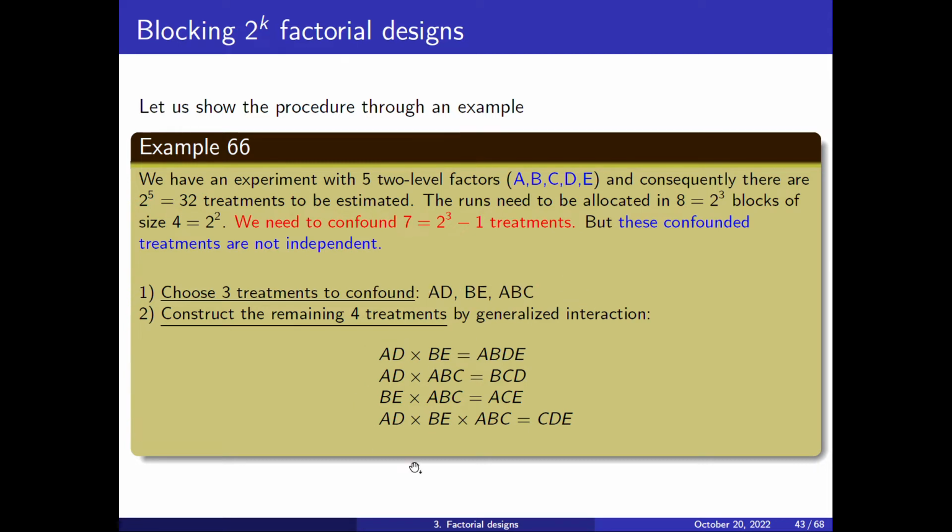The remaining will be constructed by the generalized interaction. So we multiply AD times B, and then AD times BC, and so on. These are the other effects that we are confounding. So we are confounding fourth order effects, third order effects, and so on.